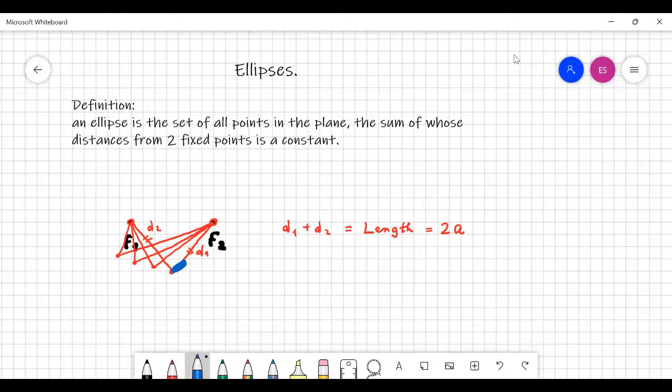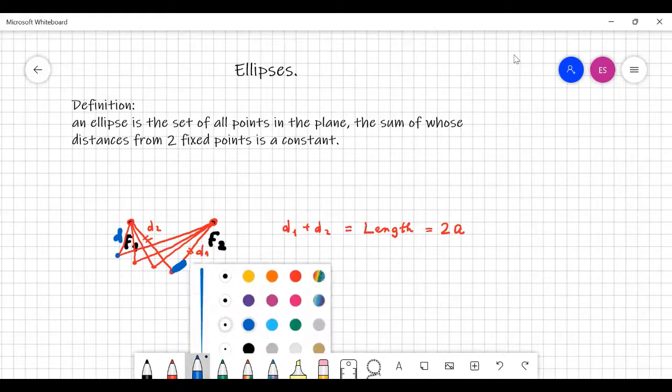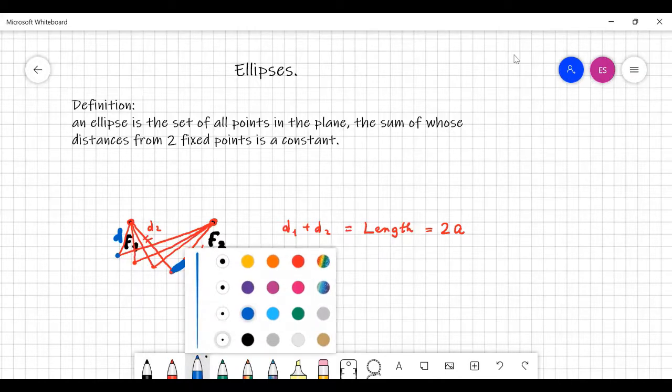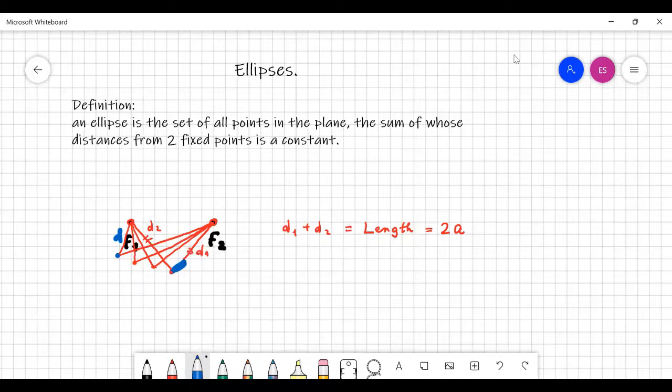And if I consider a different point, for example, this one, right? Let me make it more narrow. If I consider D1 here, and the second length is going to be D2, the sum of this D1 plus D2 for a different point, for this blue point, is going to be equal to the same length, the same 2a.